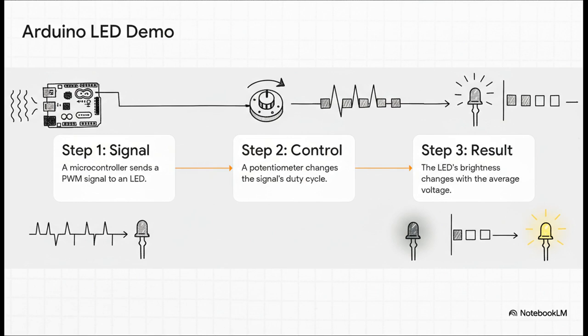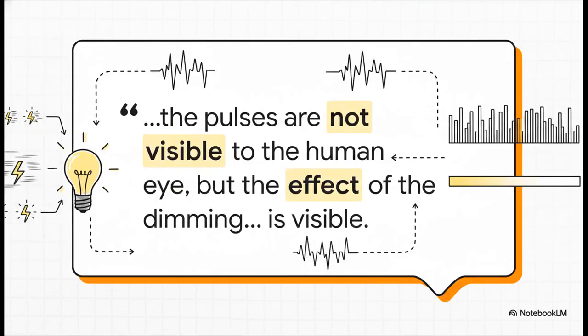And our eyes see that change as the LED smoothly getting brighter and dimmer. And this right here is the absolute key. The switching is happening so incredibly fast that you literally can't see the individual flashes. Your brain just mushes it all together and averages it out. So you don't see a flickering light, you see a solid light that's just dimmer. It's an amazing optical illusion, all driven by digital precision.